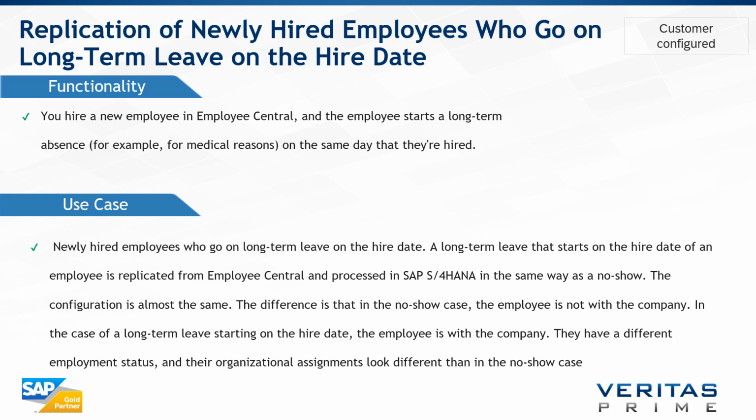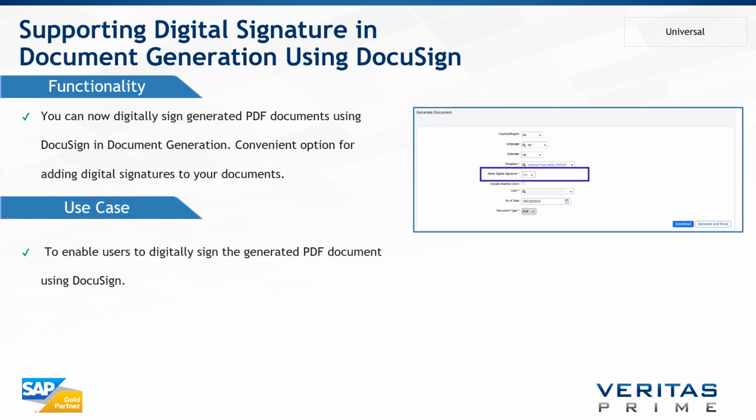Okay, moving on to the next feature, which talks about supporting digital signature in the document generation using DocuSign. Earlier, we didn't have any functionality wherein the employee or HR manager or people manager could sign the document digitally. Now, with this release, it has been allowed that employees or managers will be able to digitally sign the document.